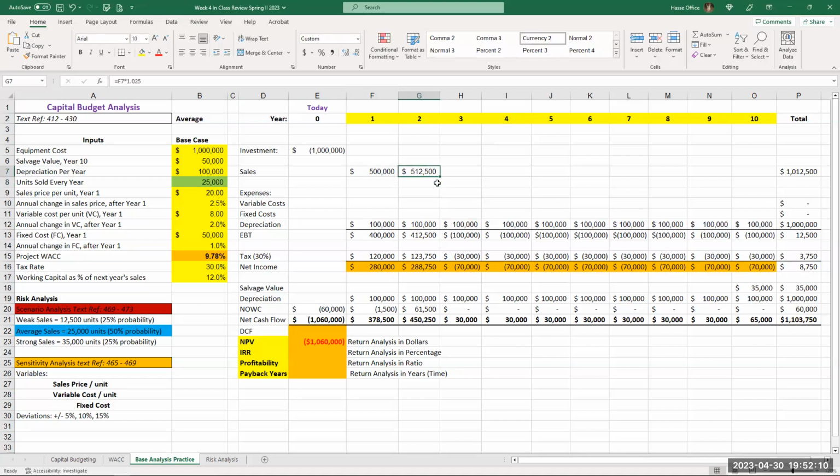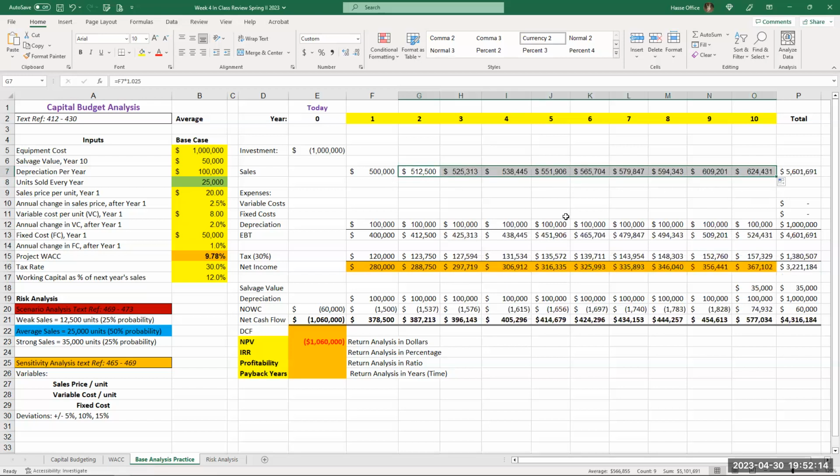Now I'll just copy that and slide it all the way to year 10. And there's my total sales figure anticipated for this project. 25,000 units at $20 a unit selling price, inflated at 2.5% after year 1, $5.602 million of anticipated sales revenue.